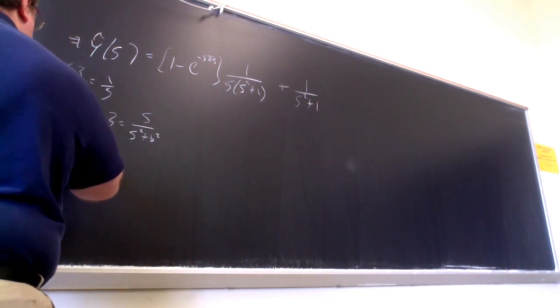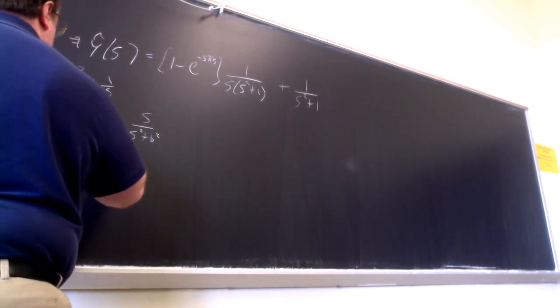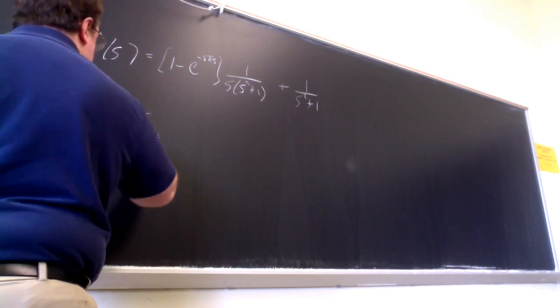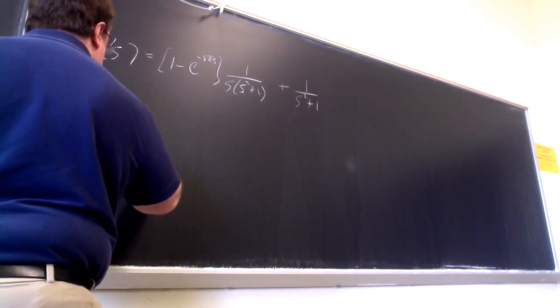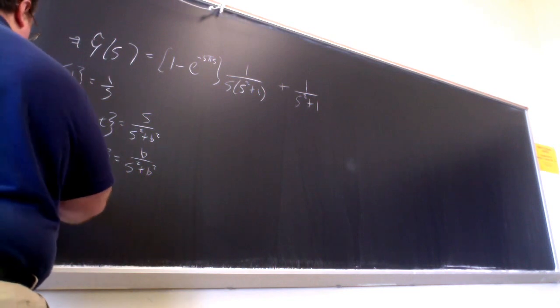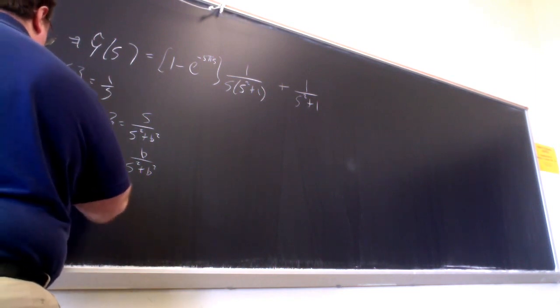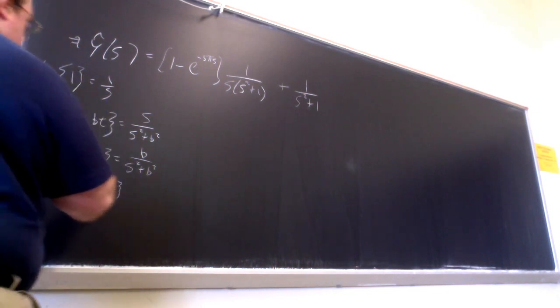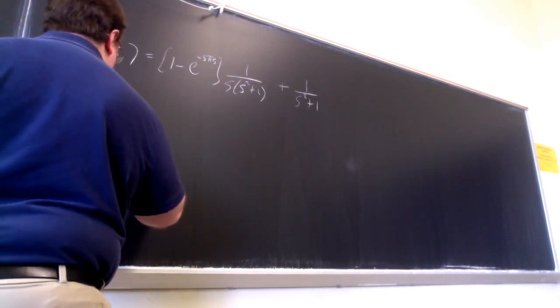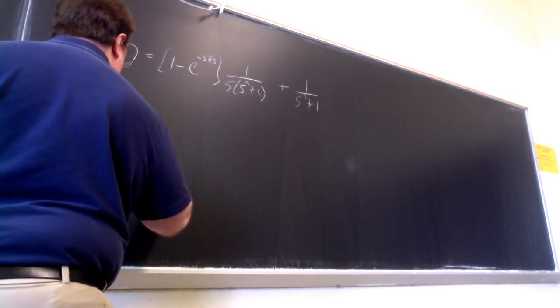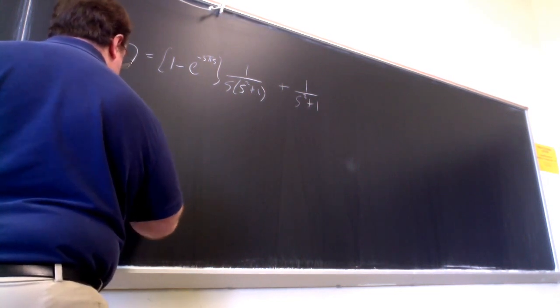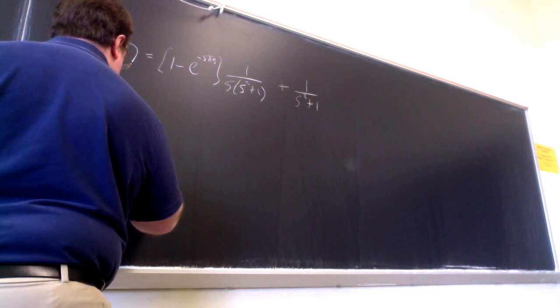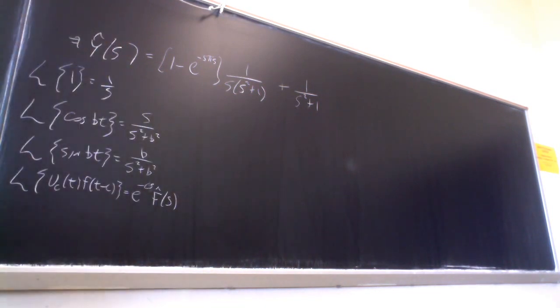The Laplace transform of sine bt is equal to b over s squared plus b squared. And finally, the Laplace transform of a step function times a shifted function is equal to e to the minus cs times the Laplace transform of f unshifted. Okay, so we're going to be using all 4 of these rules going backwards.